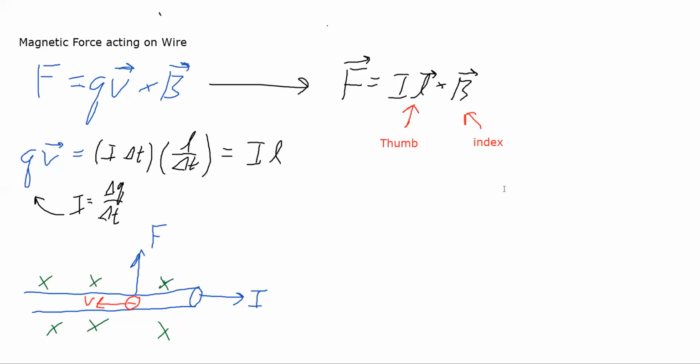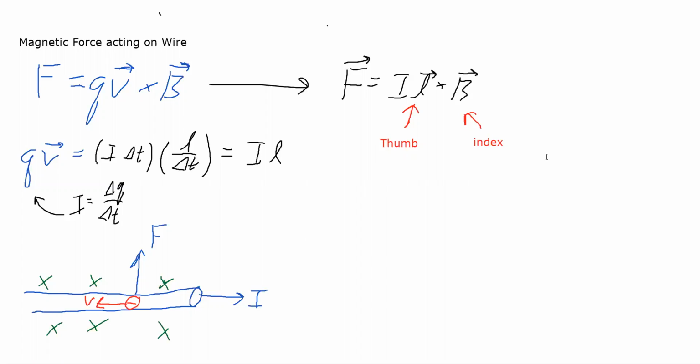Current is a flow of positive charges. So we're using our right-hand rule for this. If you line up those things, your thumb is your current, your index finger represents your magnetic field, you should get the force going in the same direction. You guys see that? All right, so that's the right-hand rule for wires.